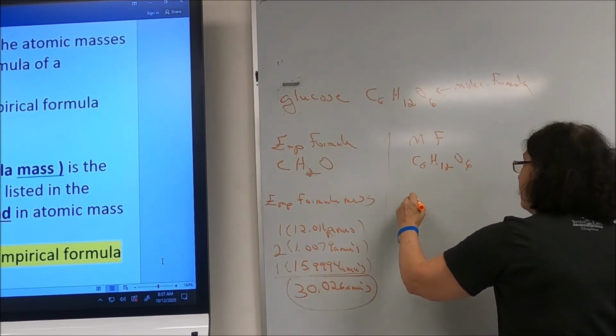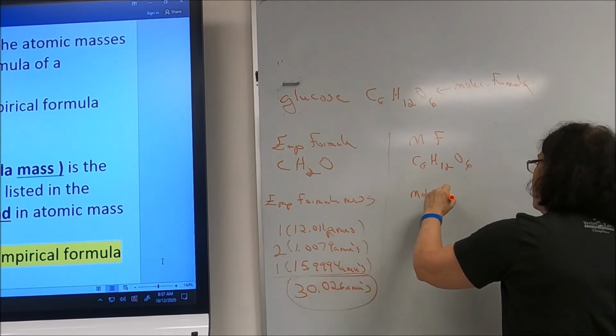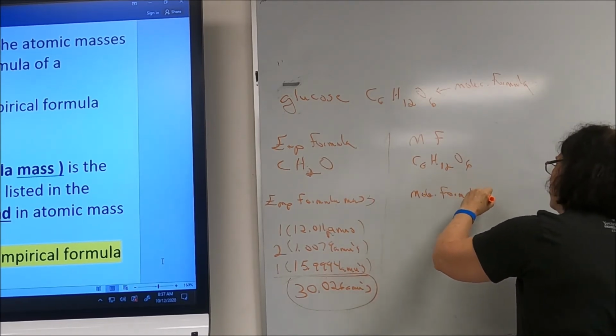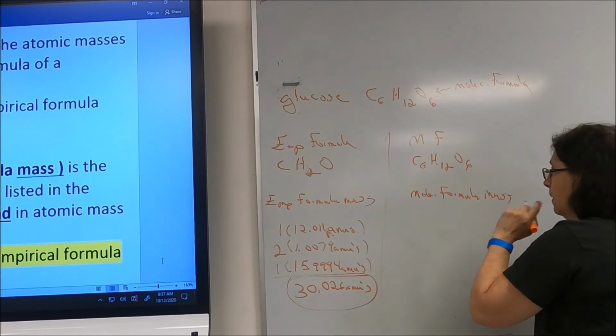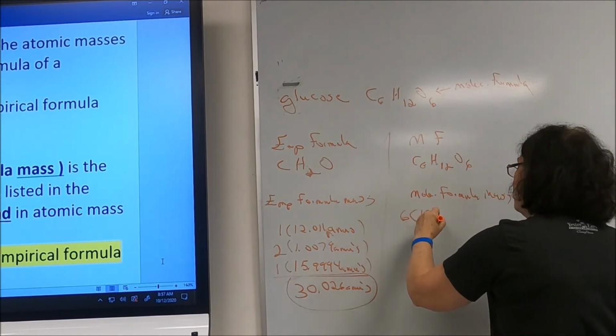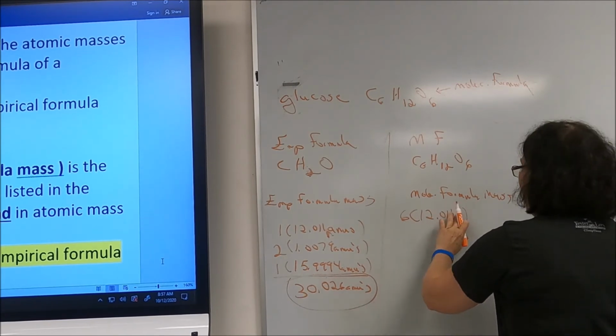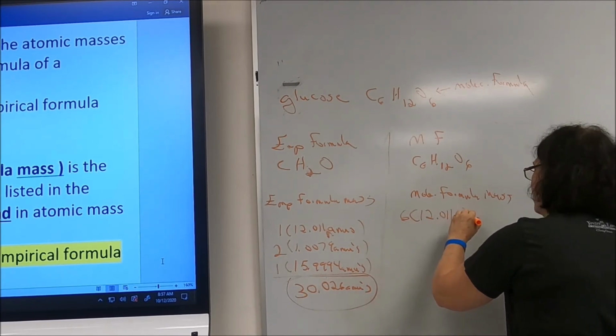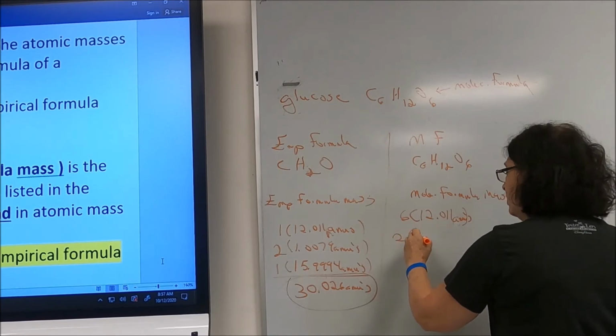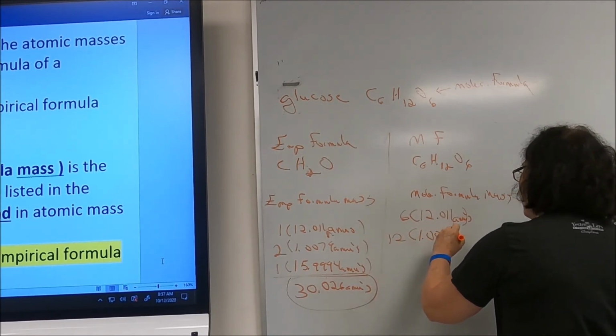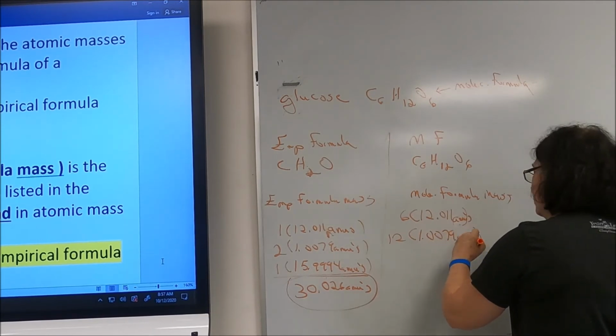Now, let's go for the molecular formula mass. Okay, it's going to be 6 times 12.011 AMUs. And 12 times 1.0079 AMUs.